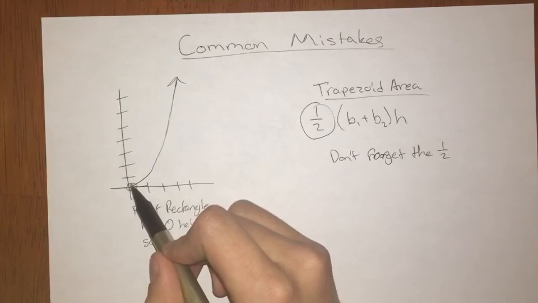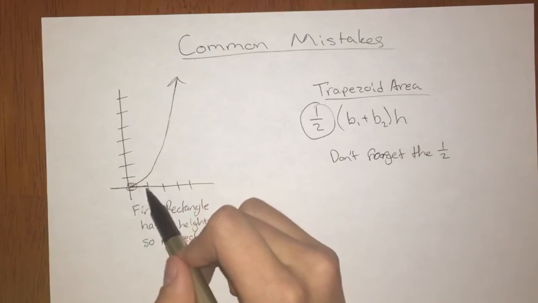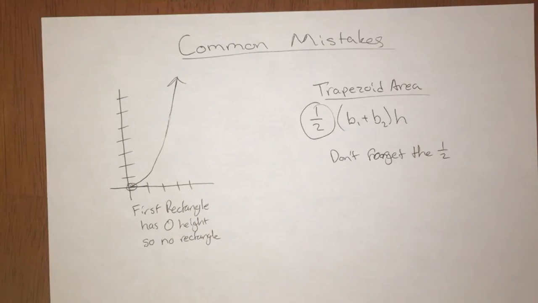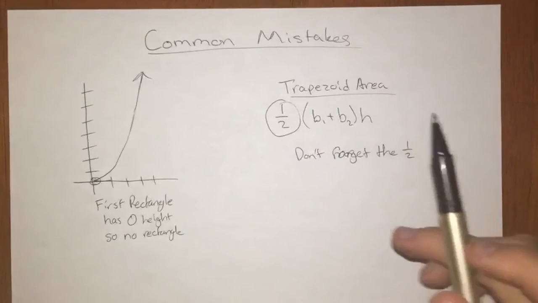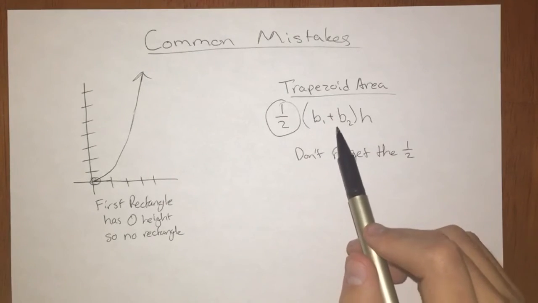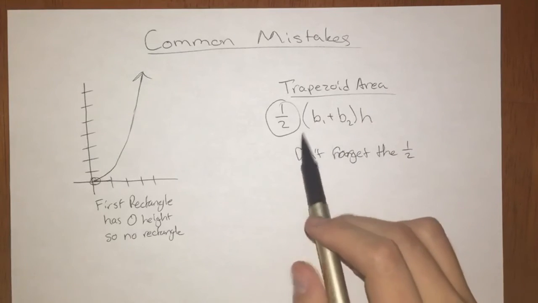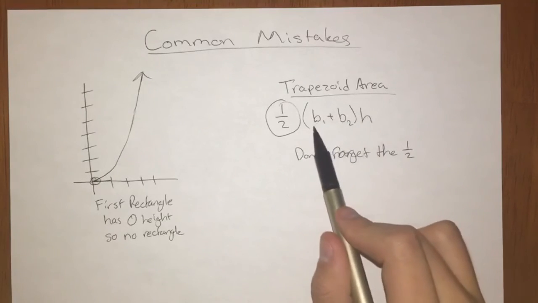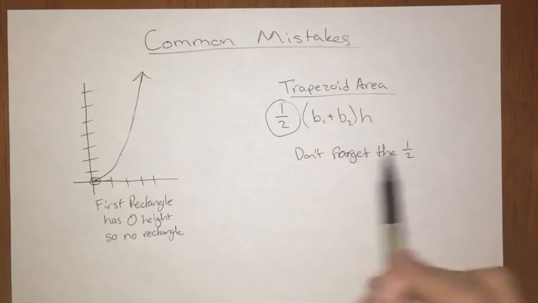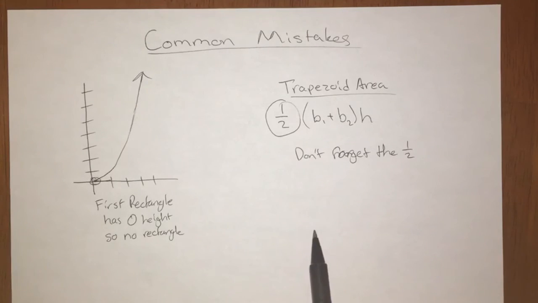But some people decide to add a rectangle, which is not what you're supposed to do. And also, another common mistake people make is during the trapezoidal area, where they multiply just the height times base 1 plus base 2 and forget to divide the entire thing by 2. That will make your answer a lot bigger than the actual area under the curve.